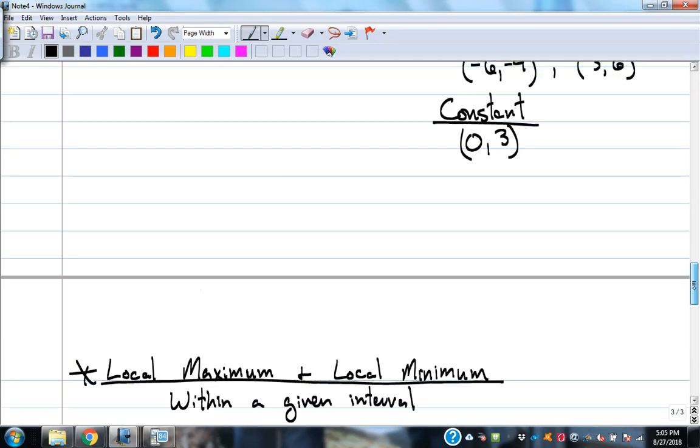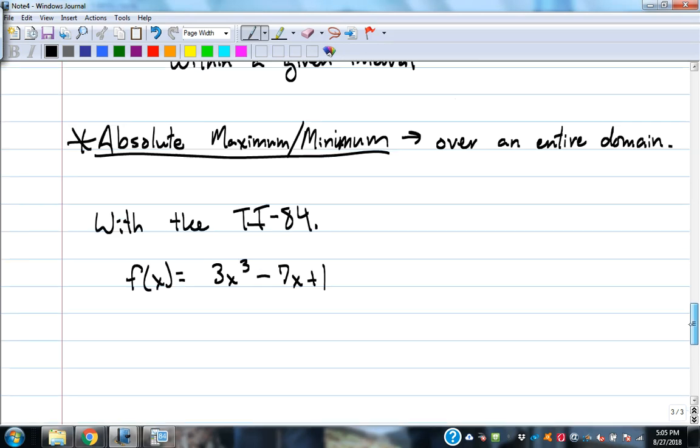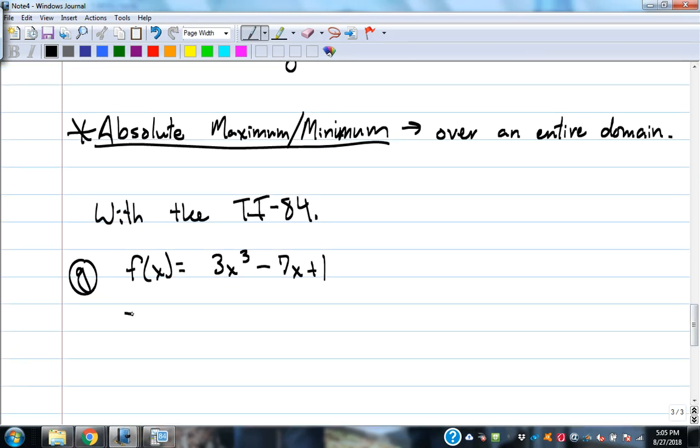And I don't even know what letter I looked at it. G. Find local max and min for -2 to 2. Okay.